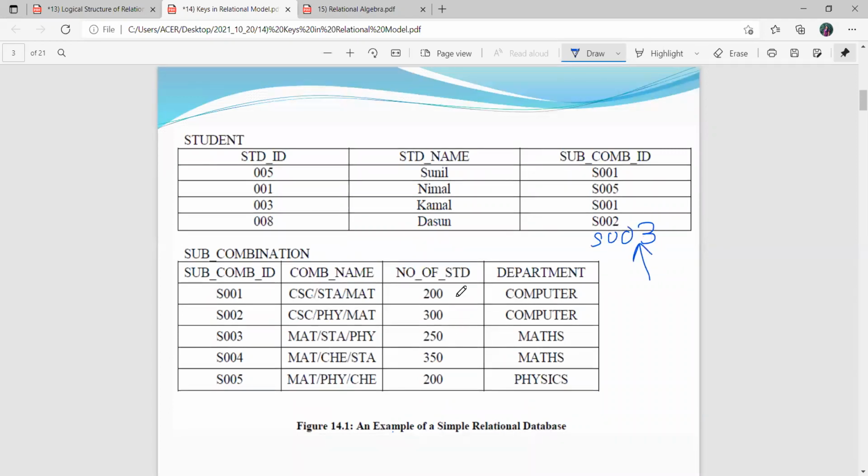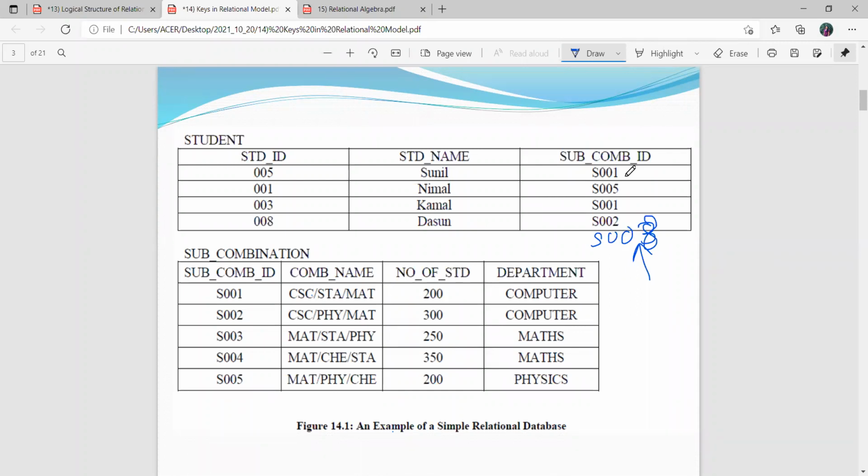Can I insert this value into this table? Sorry, S008. Can I insert S008 into this table? Is it possible?